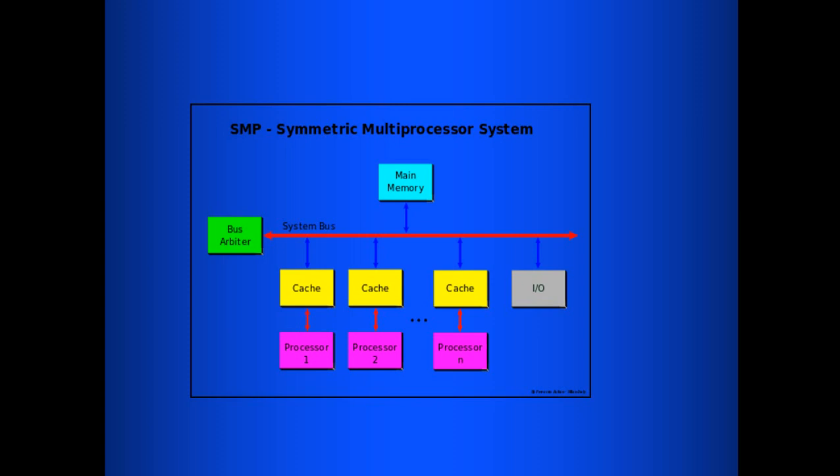You can see processor 1, 2, up to processor N, which are connected to a single shared main memory. This main memory is shared between all processors. The system bus is shared between all processors.